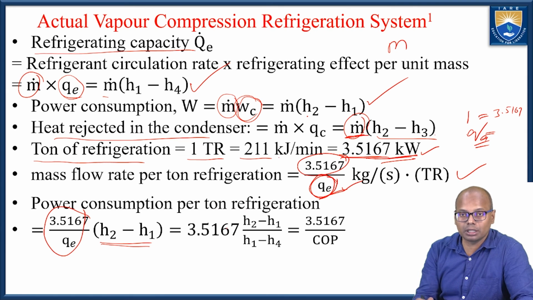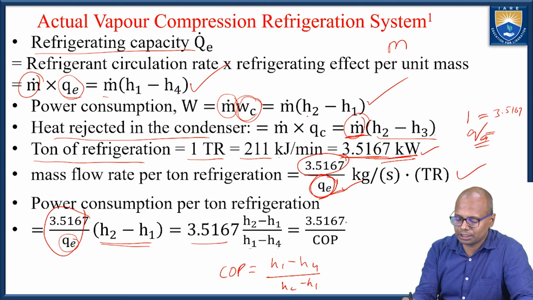So, this is H2 minus H1, and QE is nothing but H1 minus H4. And this we have already seen: COP is equal to the refrigeration effect, H1 minus H4, divided by the work done, H2 minus H1.